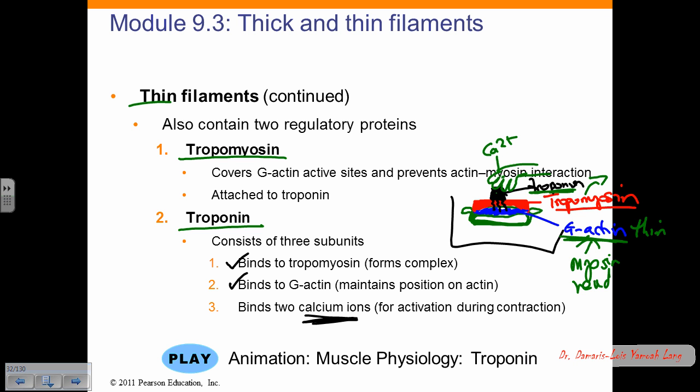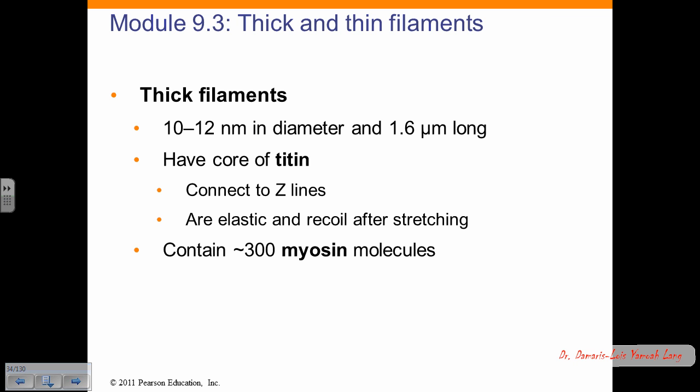This troponin is attached to the G-actin, and also to tropomyosin, and this top part is going to be attached to calcium. But as soon as calcium, which I said to picture as your fingers, attaches to troponin, it raises the lid off and exposes the G-actin. All right. Okay, that's the best analogy I can give you.